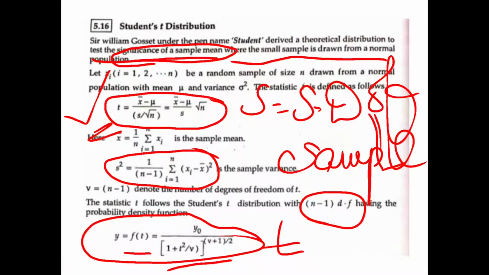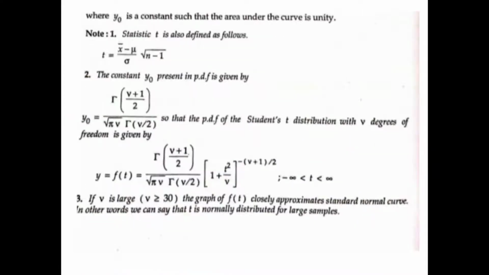Understood? So after getting the t value and nu value from the given data, substitute in this to get the probability density function for the given student's t distribution. Understood? And here you can see y naught is a constant such that the area under the curve is always 1.